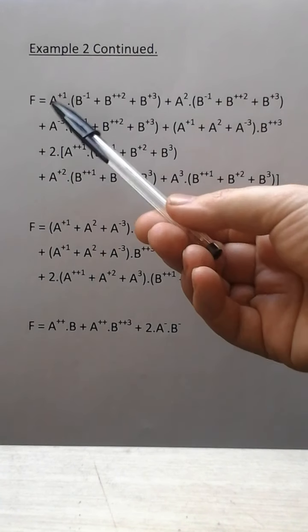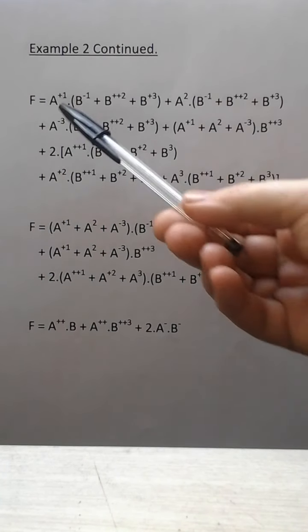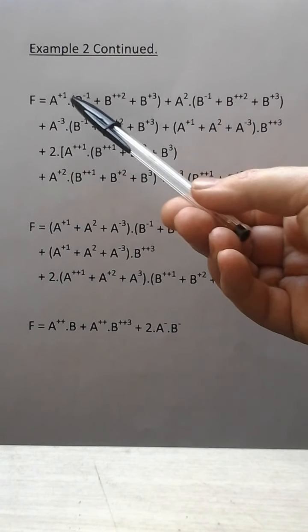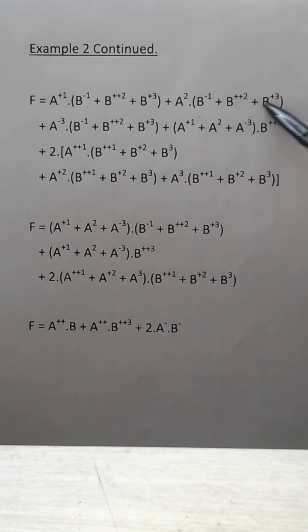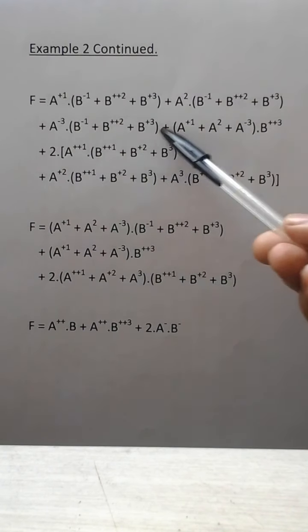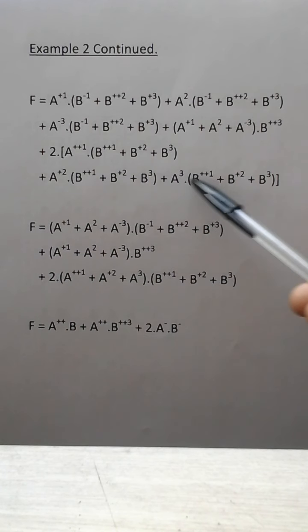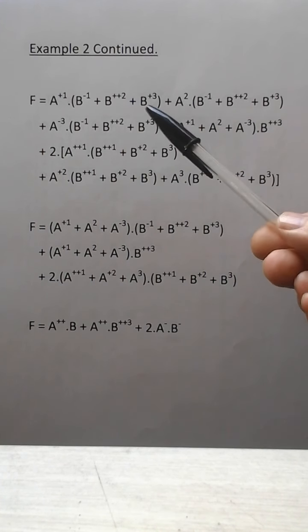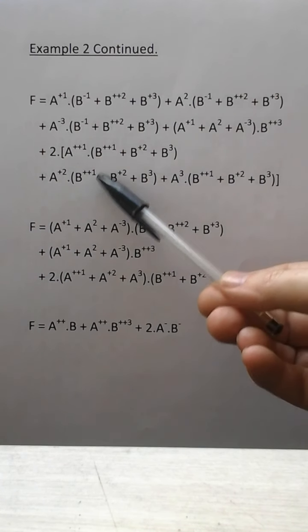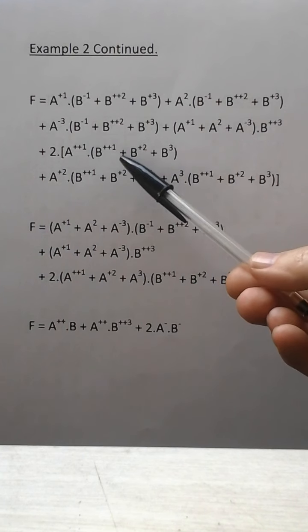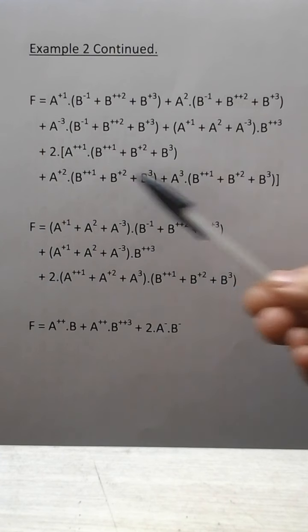So F equals this. I've factorised the A plus 1 there, the A2 there, the A minus 3 there, B3 there, two brackets. Factorise the A plus 1 there, the A plus 2 there, and the A3 there. Now these are the same, A plus plus 1 max B plus 2 max B3.